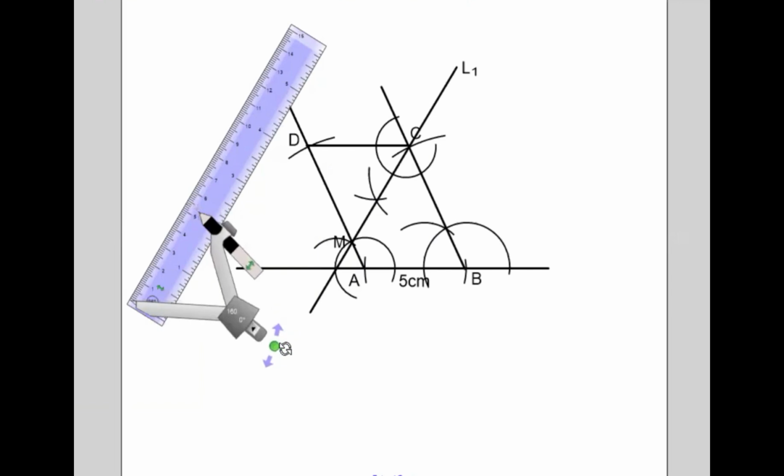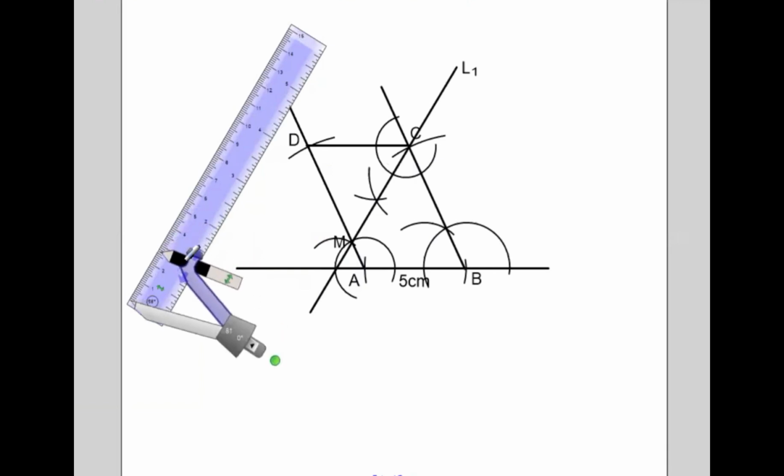That should be 5.3. If diameter is 5.3, and you divide 5.3 by 2, because radius is half of diameter, you will get approximately 2.7. So from there, we can easily obtain our 2.7. 2.7 is somewhere here.